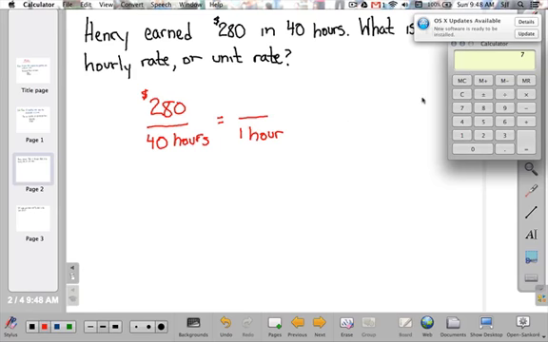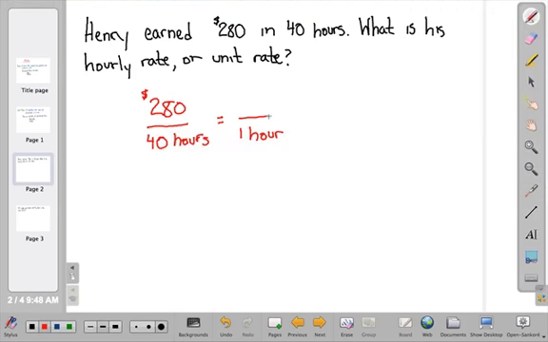So back here, I can write 7, and our unit is dollars. That means Henry makes $7 per 1 hour. That's his unit rate. Every hour that he works, he's going to earn $7. And we did that by figuring out what we have to divide 40 by to get to 1: 40. Whatever we do to the denominator, we also do to the numerator.